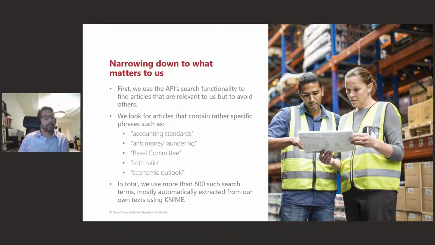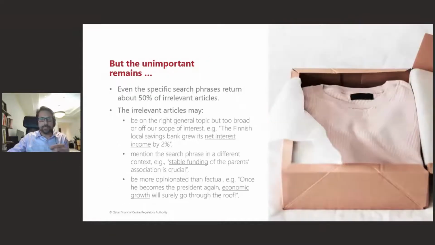So we thought, surely if we use 2 or 3 word phrases against the API, we will get really precise results, because you can't just get false positives any longer. But even though we do this, we still have roughly about half of the articles we receive being irrelevant. And they can be irrelevant in many ways.